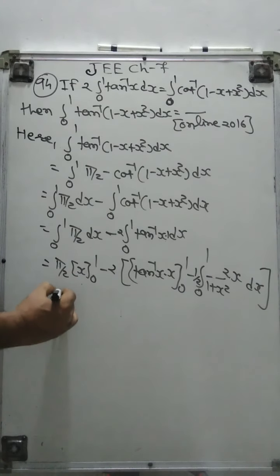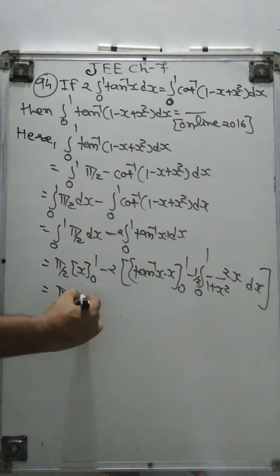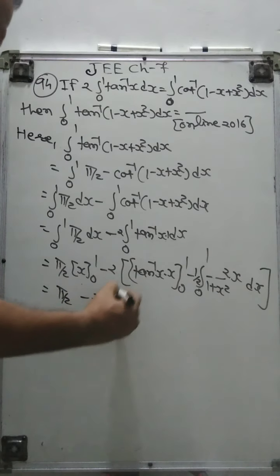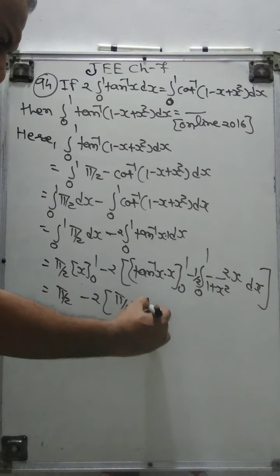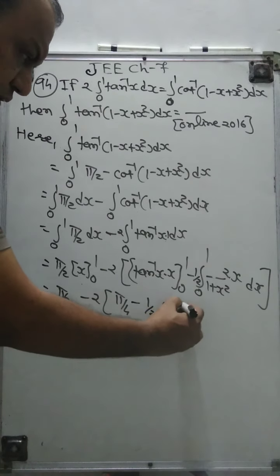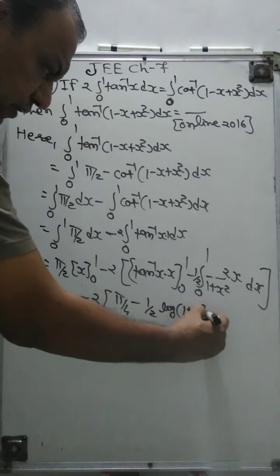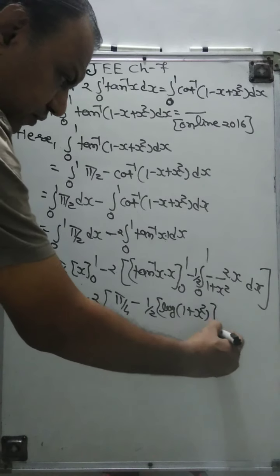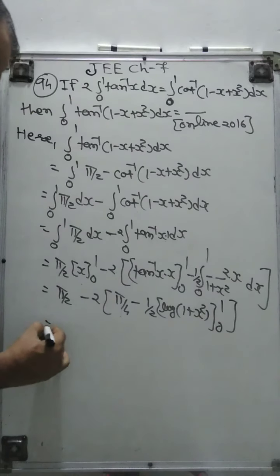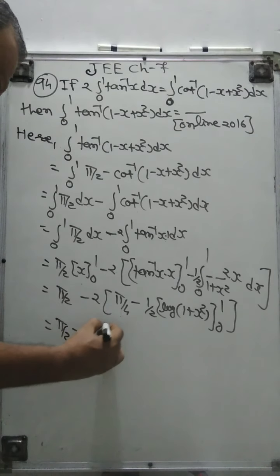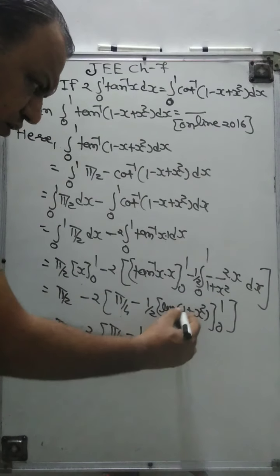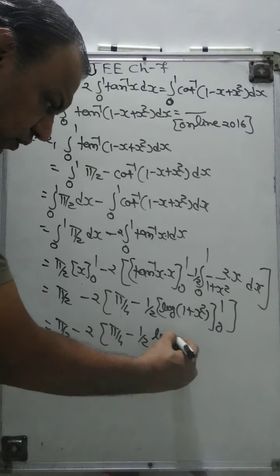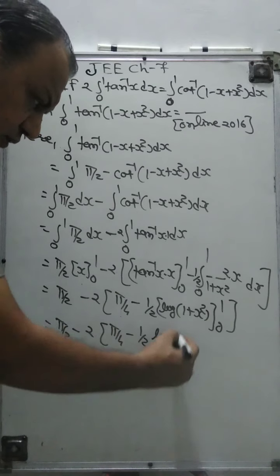Then we have pi by 2 into 1 minus 0, minus 2 times pi by 4 into 1 minus 1 by 2 log 1 plus x square from 0 to 1. So it is pi by 2 minus 2 times pi by 4 minus 1 by 2 log 2 minus log 1 is 0.